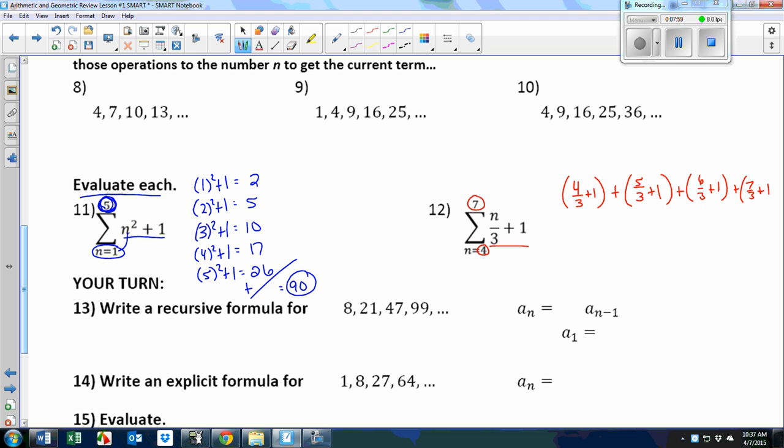Notice the 4, the 5, the 6, and the 7, and plug them in. Take those to the calculator. The first gives 7/3, the second number gives you 8/3, the third one gives you 9/3, which is 3.